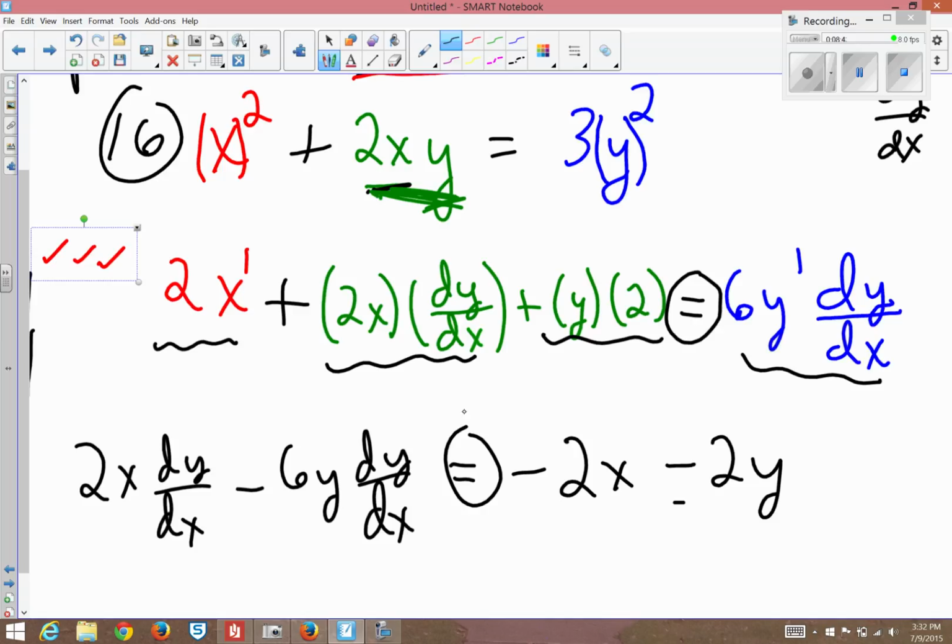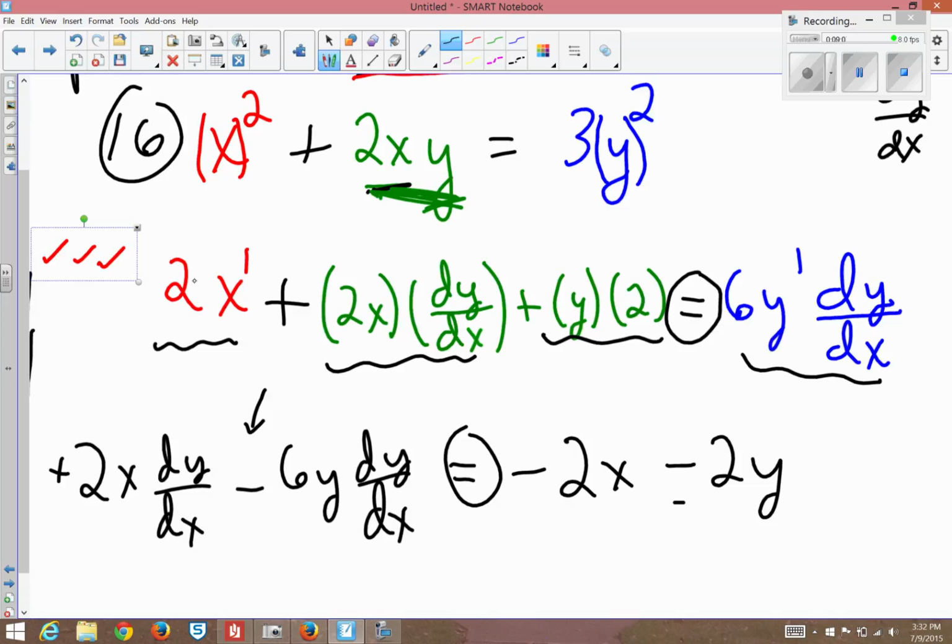Any term that we move from one side of the equal sign to the other, we have to change its sign. So 2x dy dx, we did not change its sign. It's positive, it's still positive right here. 6y dy dx, we changed its sign from positive up here to negative down here because we moved the blue term from the right side of the equal sign to the left side of the equal sign.